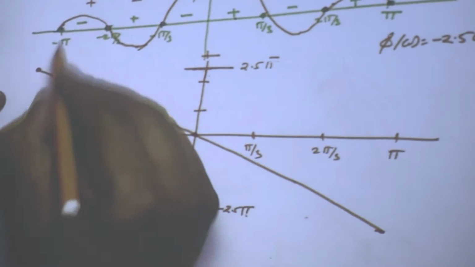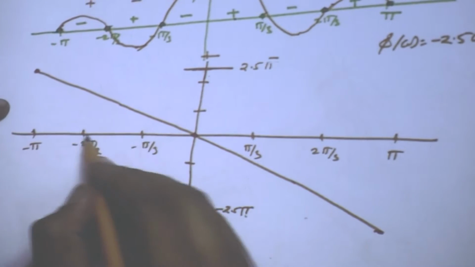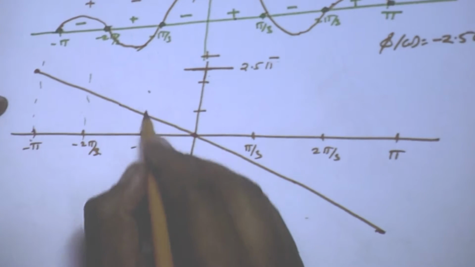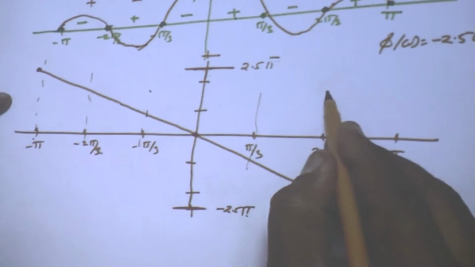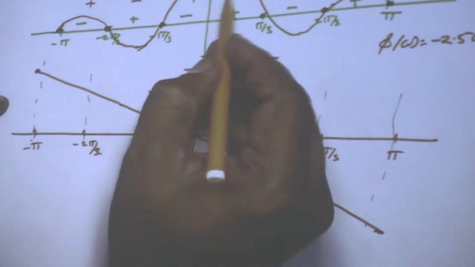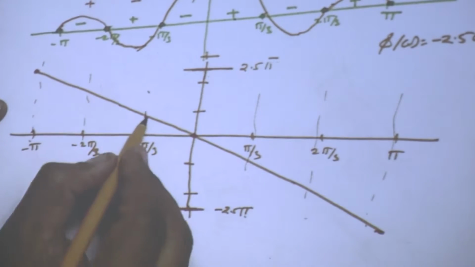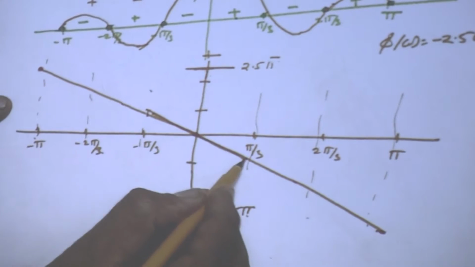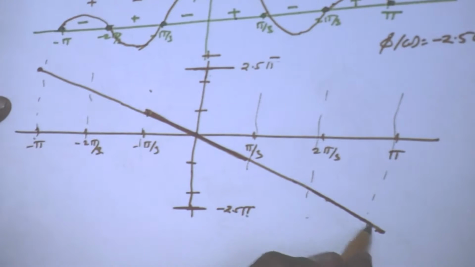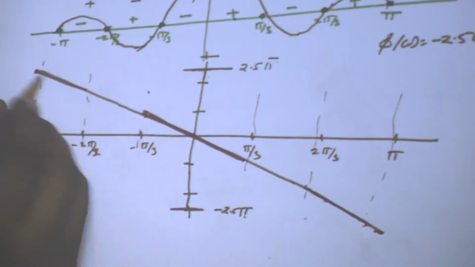Now the magnitude function here is positive, so this remains, this will be the phase correspondingly. So also this is going to be the phase here as well as here.